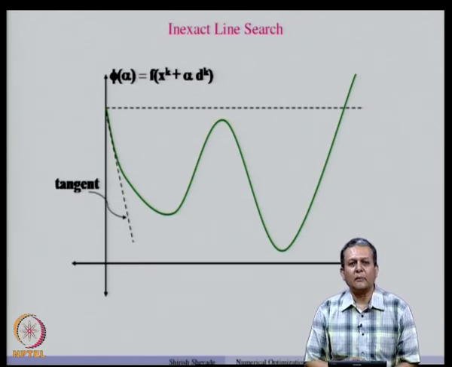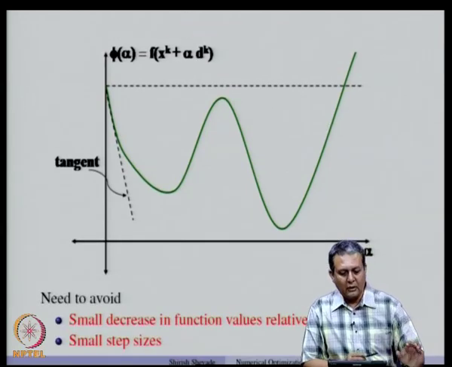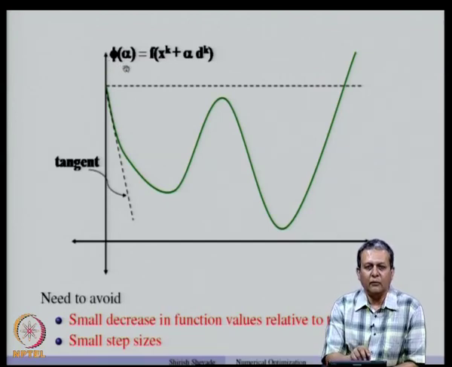Wolfe also gave some conditions to ensure that there is a sufficient decrease in the objective function, as well as that the step sizes are not too small. In this figure you will see that on the x axis we have alpha, and the y axis is the function phi of alpha, which is nothing but f of x k plus alpha d k.